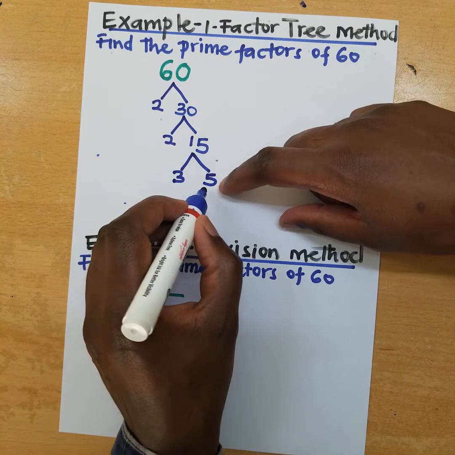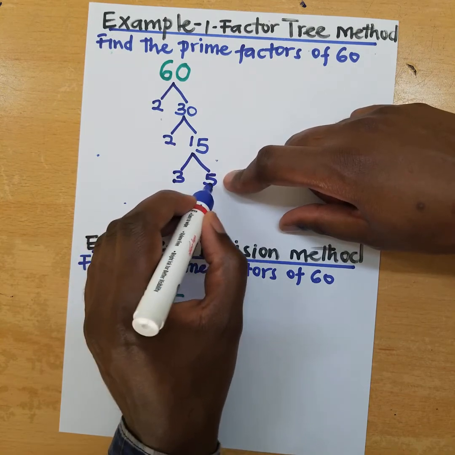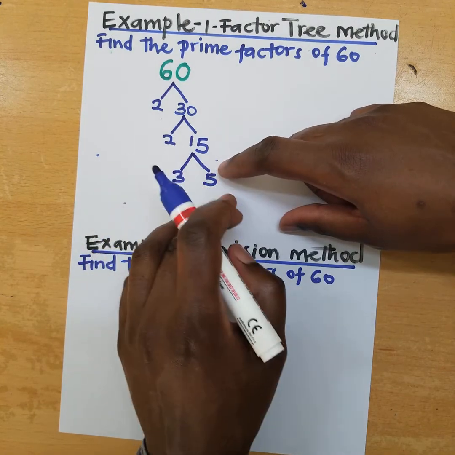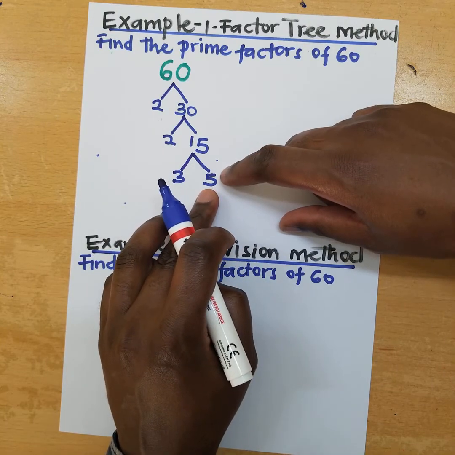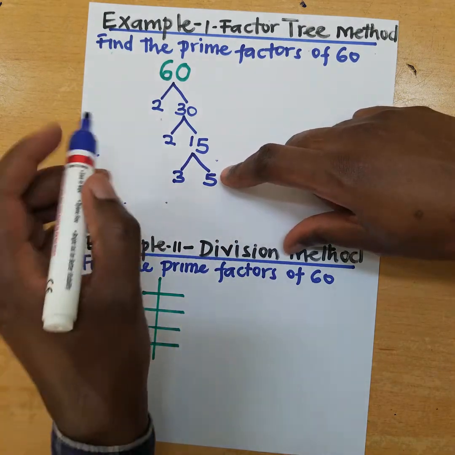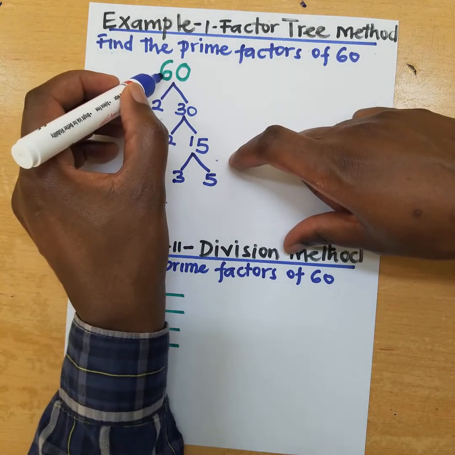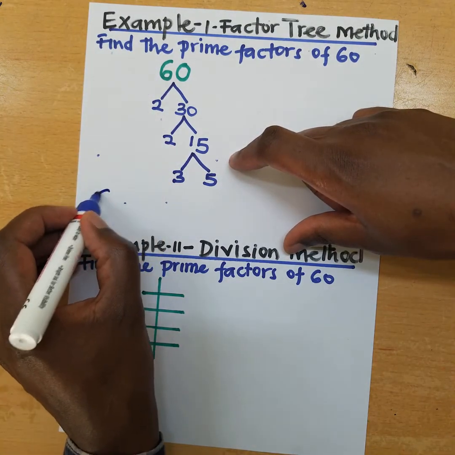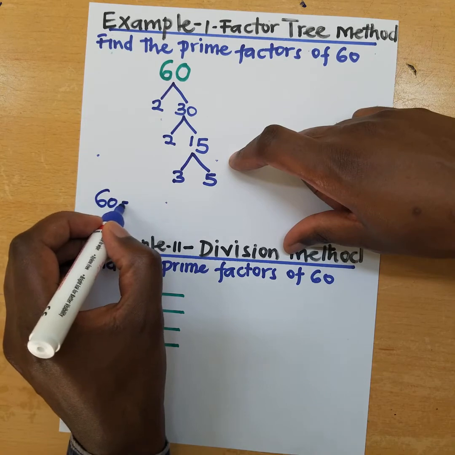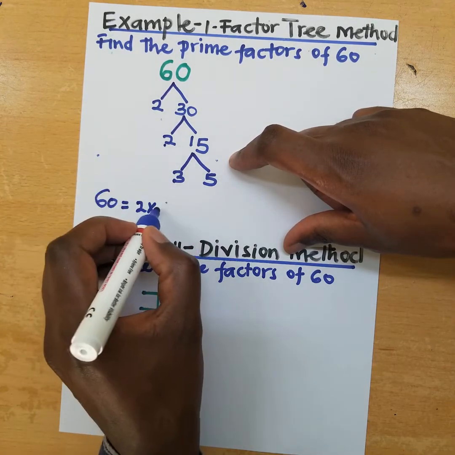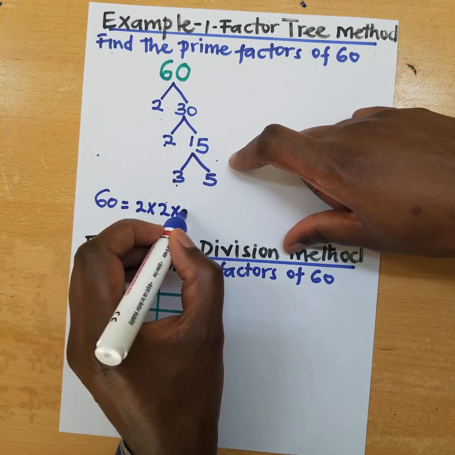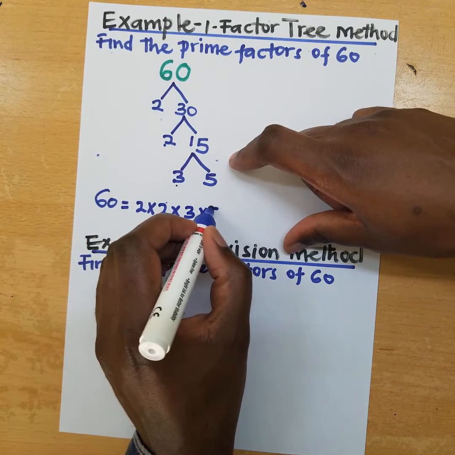If you want, you can divide by 5, which will give you 1. But already it's showing you that this is the next prime number. So 60 is the same as 2 times 2 times 3 times 5.